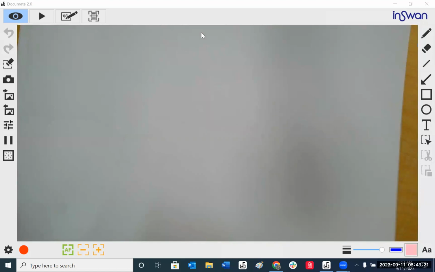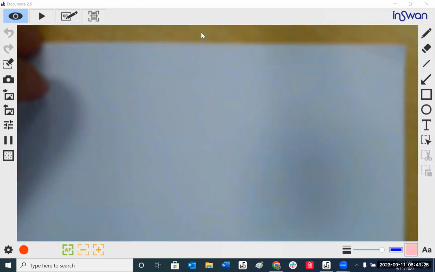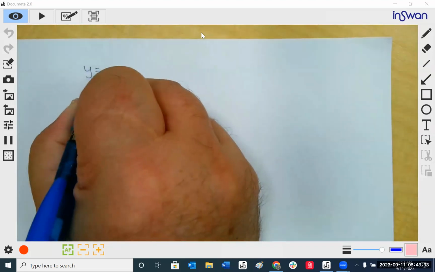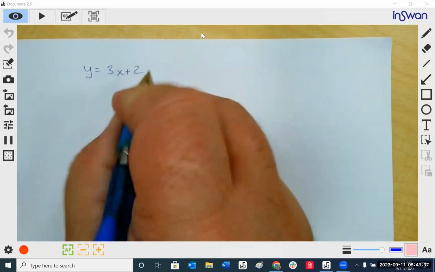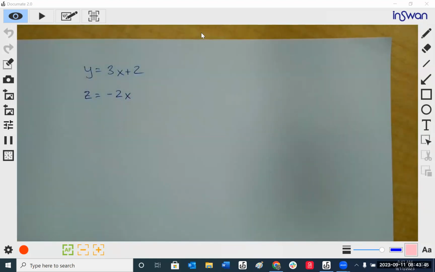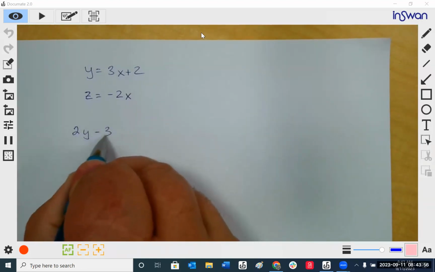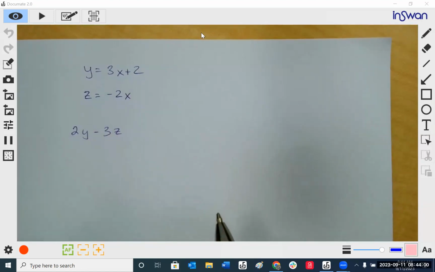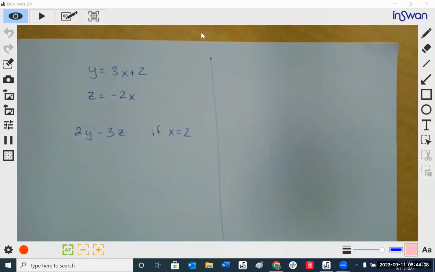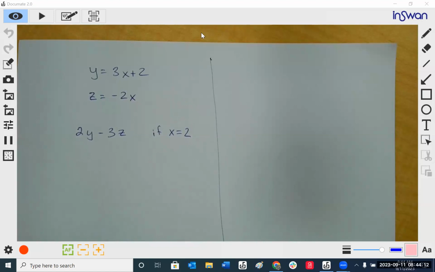Another cool thing about functions: with functions and equations, you can combine them.